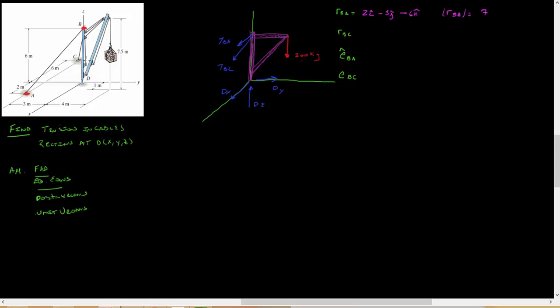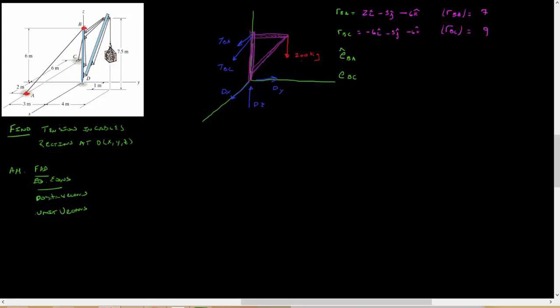Now for rBC, we're going all the way back here. Maybe something you might want to do is stop the video, come up with your position vector, and then see if you get what I get. And what I get is negative 6i minus 3j minus 6k, and my magnitude becomes 9.